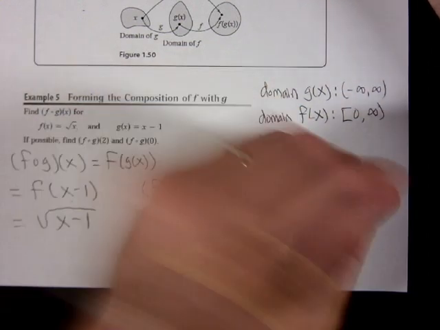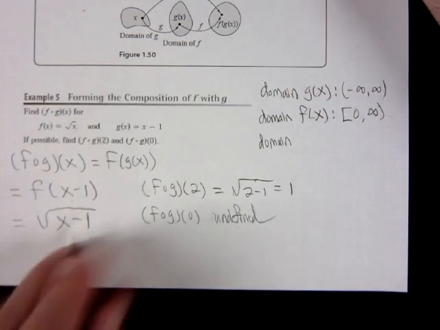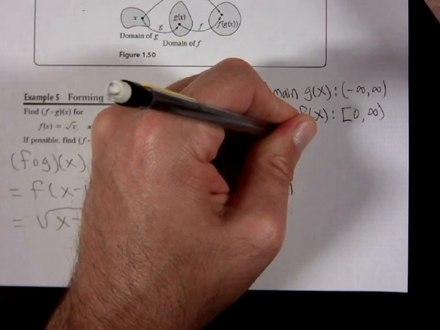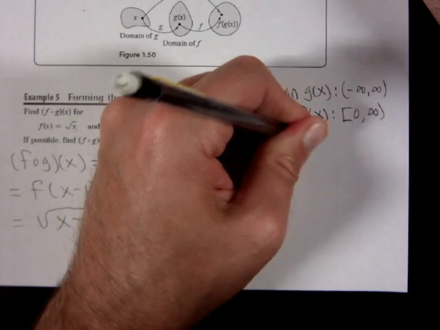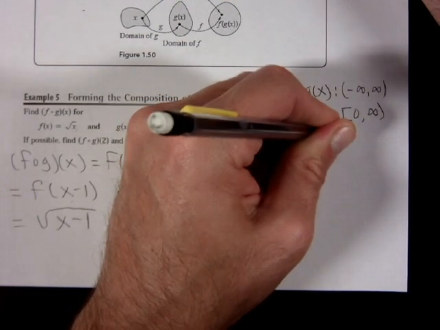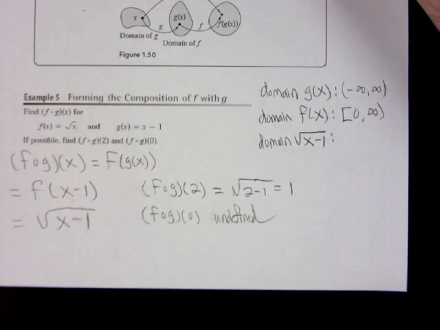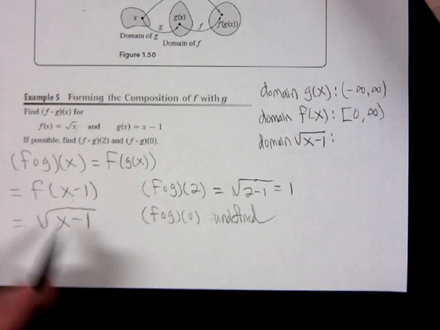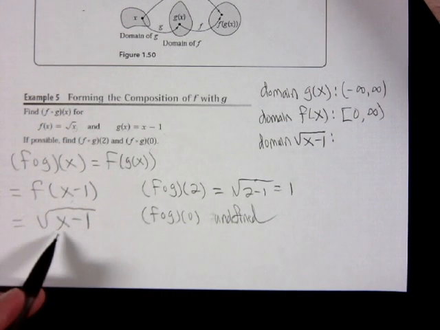Now we also want to take into account the domain of this entire composition, which is the square root of x minus 1. Remember, for the domain we've got to keep what's under the square root positive.